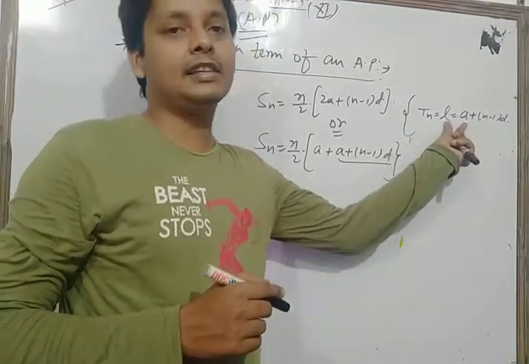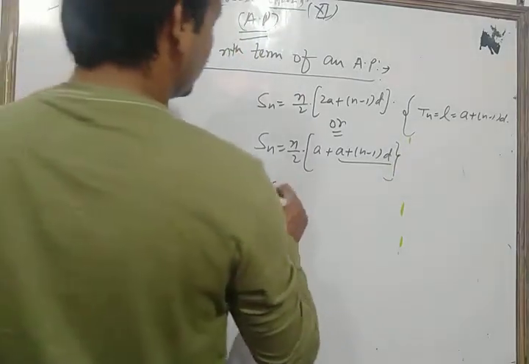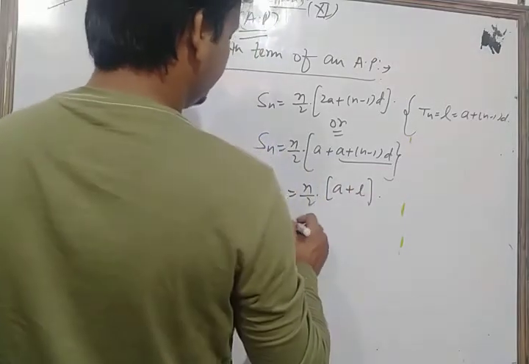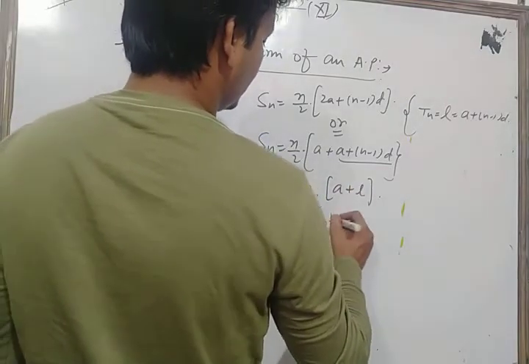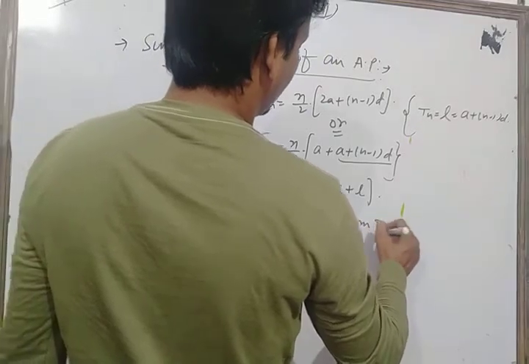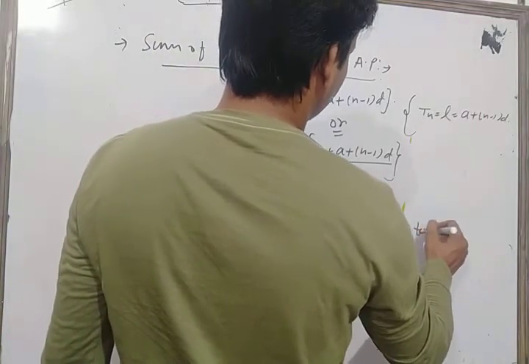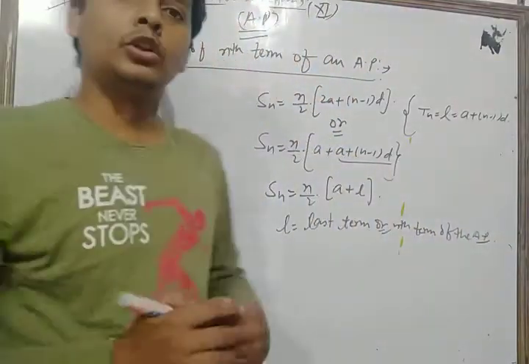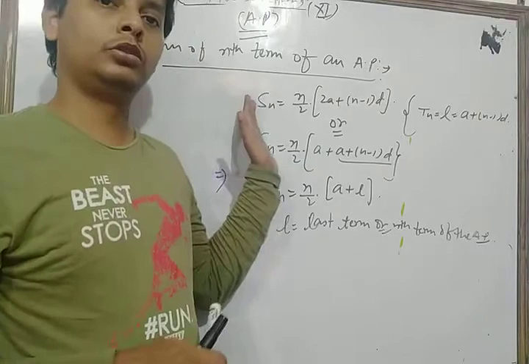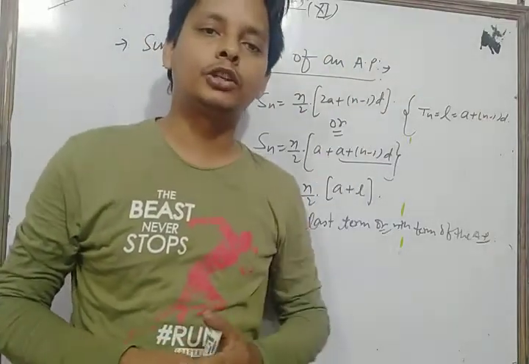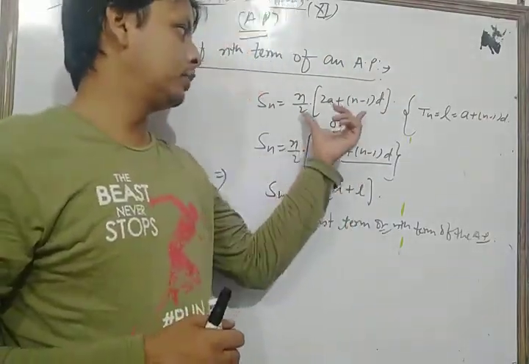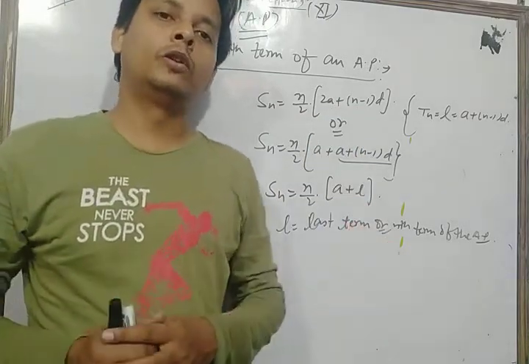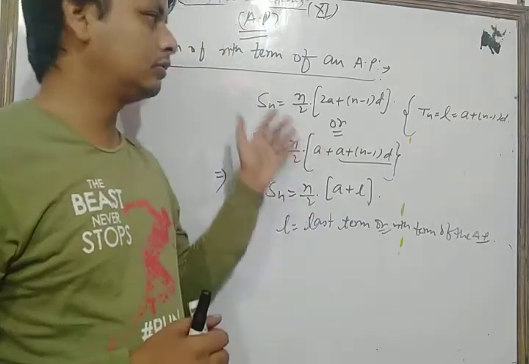So here we write in this way also: Sn is equal to n by 2 in bracket a plus L. Here L is the last term or nth term of the AP. So dear student, this is the formula to find the sum of n terms of an AP. We can apply either formula, both are the same. Now we take some questions based on that formula.